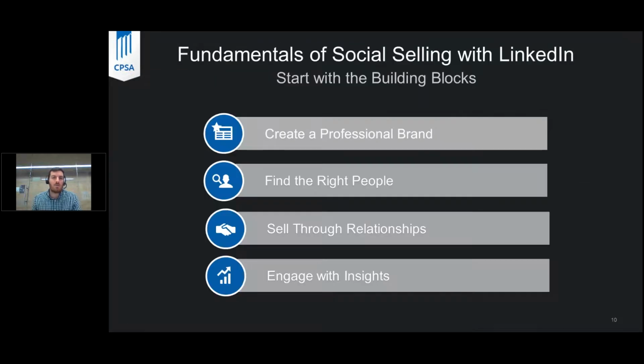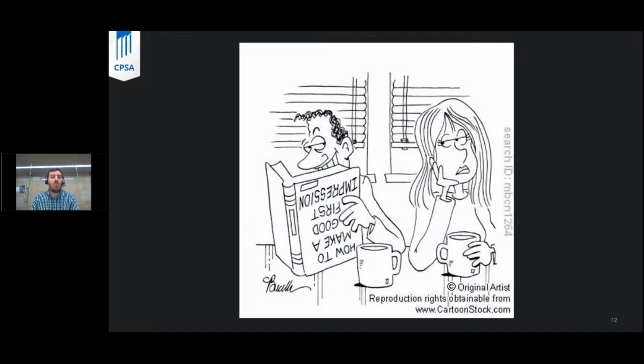Okay, so back to our pillars though, 4 things. Creating a professional brand. So creating a professional brand is really your landing spot, right? That's your LinkedIn profile when you reach out to customers. And I like this little cartoon of, first impressions are all that you get. I mean, imagine if you were trying to research a restaurant to go to and they didn't have a website or any reviews out there.